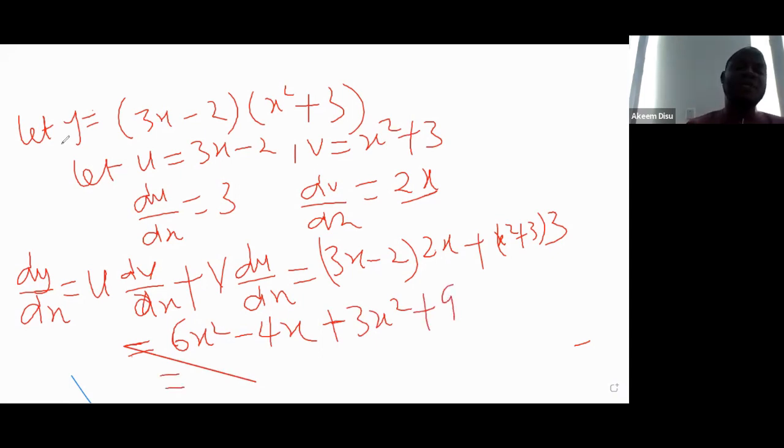If you collect like terms, you can see that 6x squared plus 6x squared plus 3x squared will give us 9x squared. You now have 9x squared minus 4x plus 9. This will give us the final answer. Is that taken?